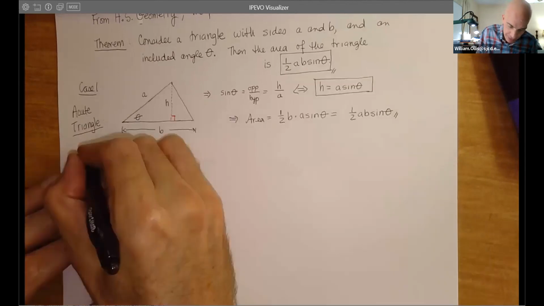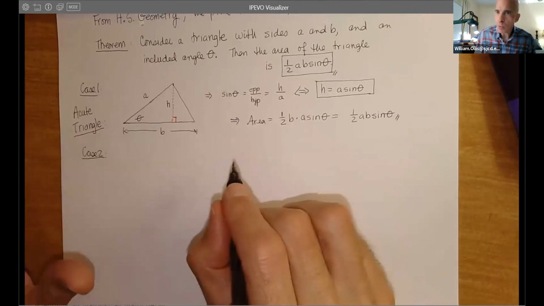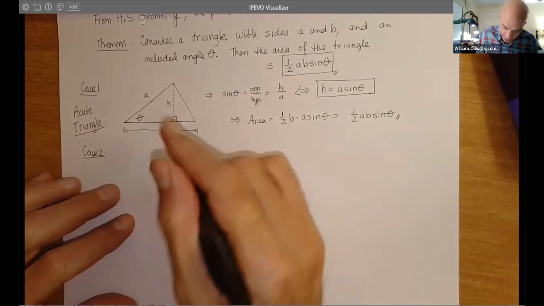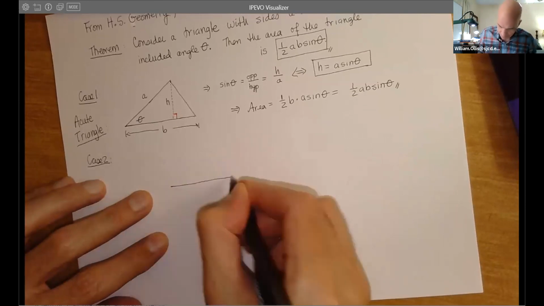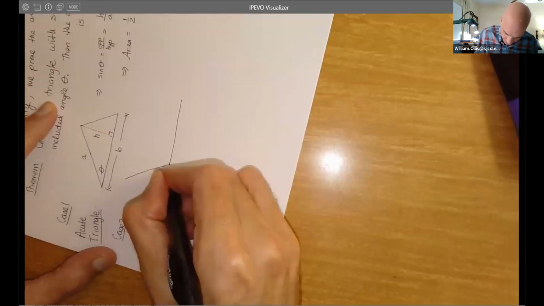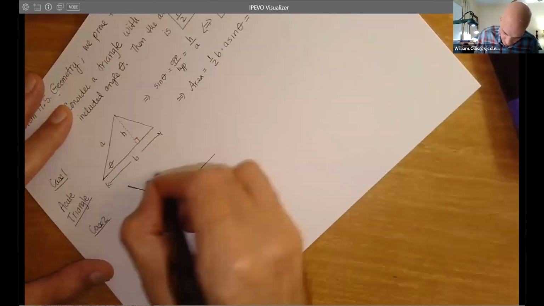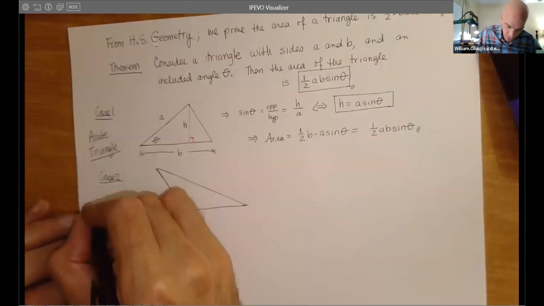Now, what's the second case? Again, we want to make sure that this is valid. You know, we're using this new freaky idea where Professor Ron has told you that reference number and reference angle are synonymous. They mean the same thing. So basically, let's draw an obtuse triangle. So we just want an obtuse angle. So obtuse triangle.